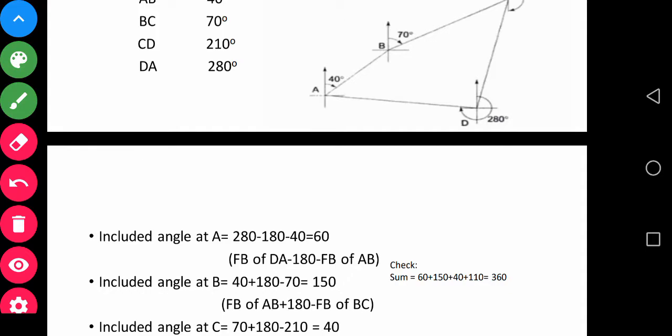For A, the last line is DA, and the next line is AB.